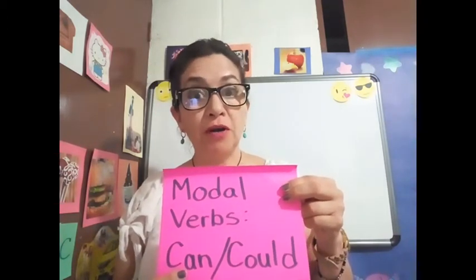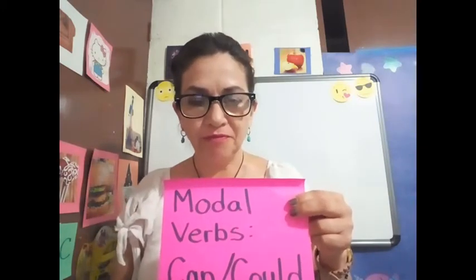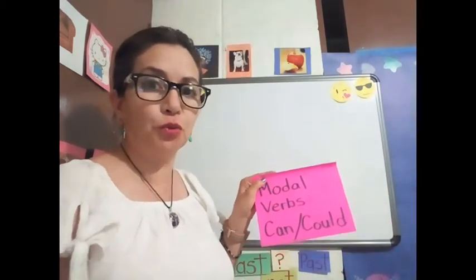The other verb is the main verb. For example, my sister can run very fast. Can is the modal verb, and run would be the main verb. Very well. Now, let's see the uses of these modal verbs, can and could.